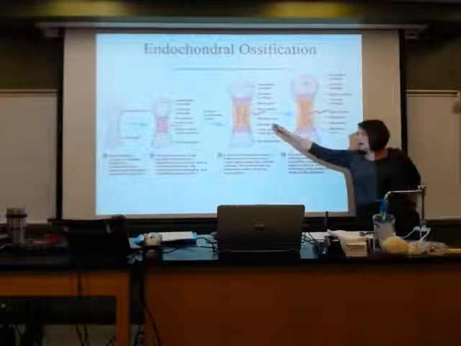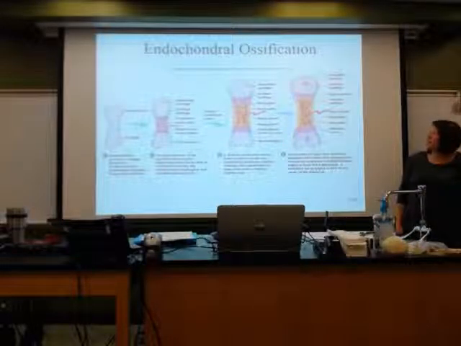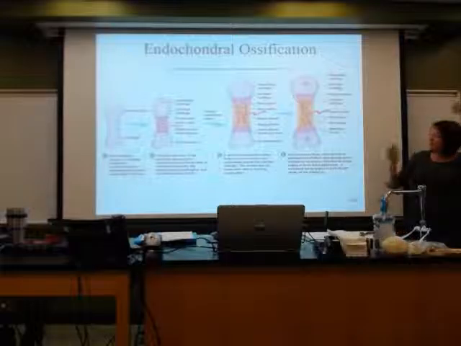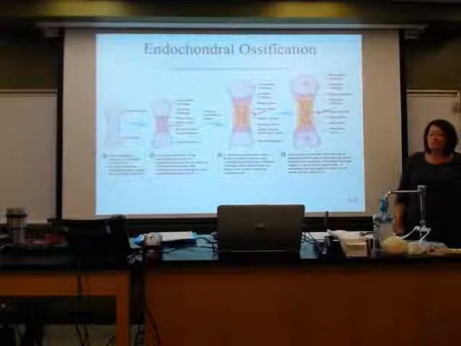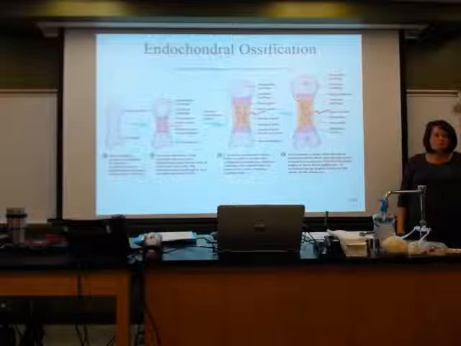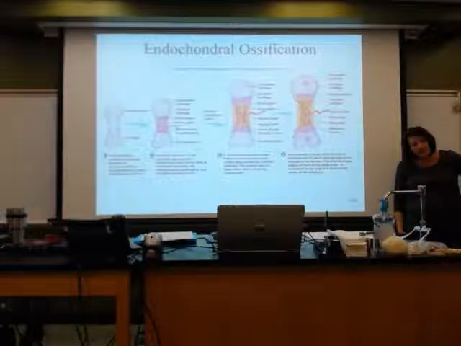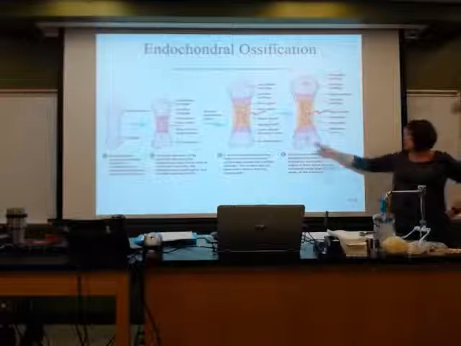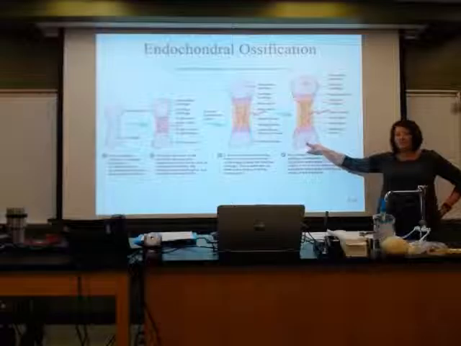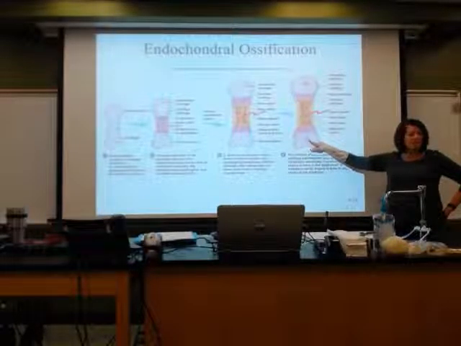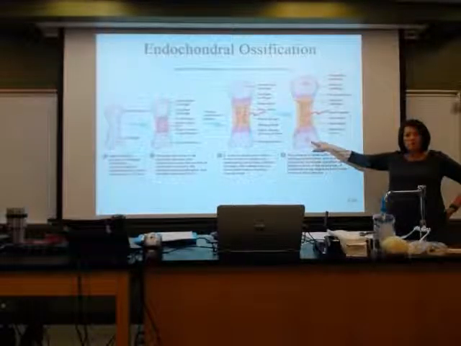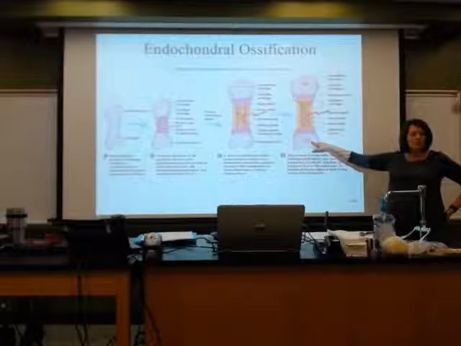Because I had my primary ossification center there, the ends of the bones were still the cartilage. Do you notice anything happening now? We're now seeing some of that ossification center show up in the ends of the bones.